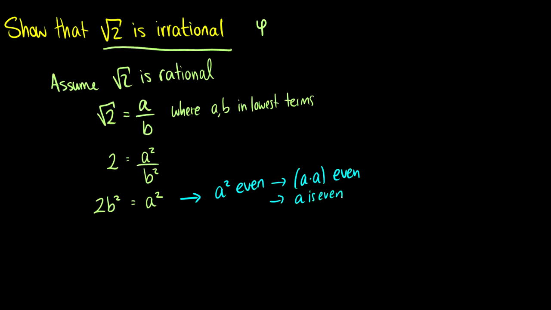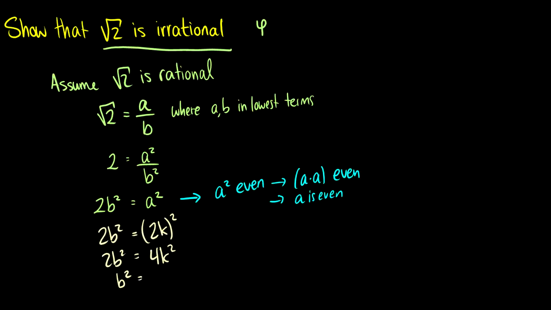So we know a is even from this 2b squared is equal to a squared, so we can rewrite a as an even number, 2k. So now we can say that 2b squared is equal to (2k) squared. So 2b squared is equal to 4k squared. Now that we know this, we can isolate b squared.